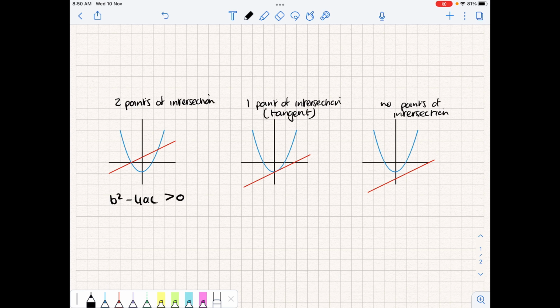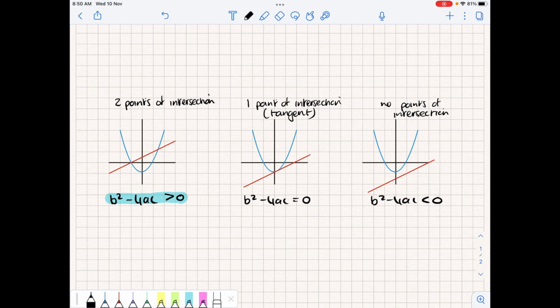That's the discriminant of the new equation, after we've equated the two together, not before. Likewise, if b squared minus 4ac is equal to 0, then we will have one point of intersection. And finally, if b squared minus 4ac is less than 0, we'll have no points of intersection.